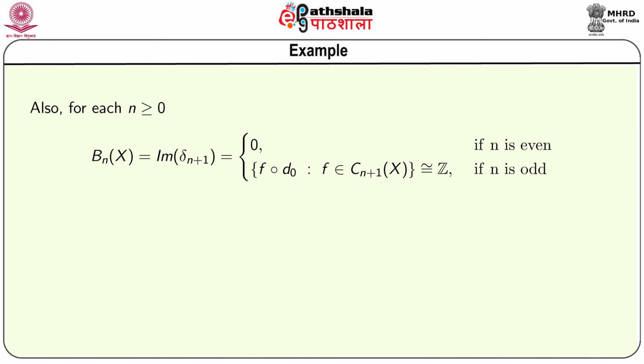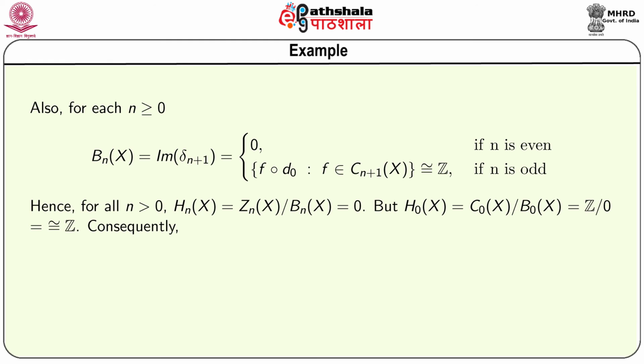Also, for each n greater than or equal to 0, B_n(X) is the image of delta_(n+1), and that is equal to 0 if n is even, and when n is odd, we get the collection f composed d_0, where f varies over the set C_(n+1)(X), and that means it is isomorphic to Z.